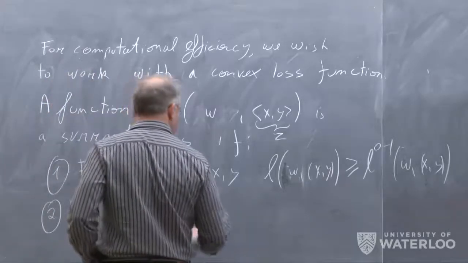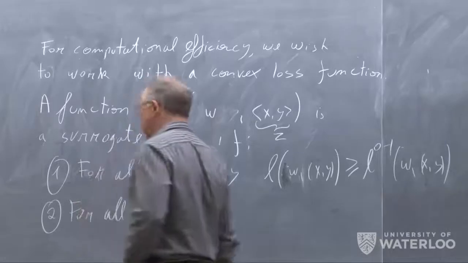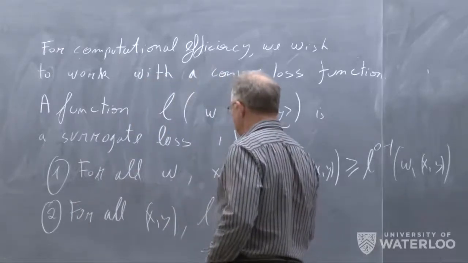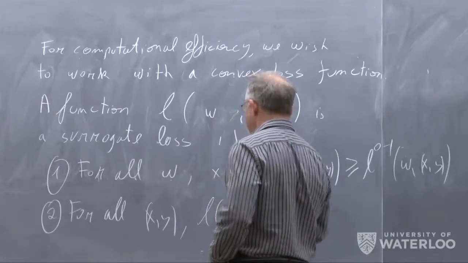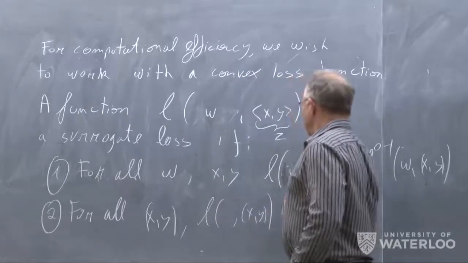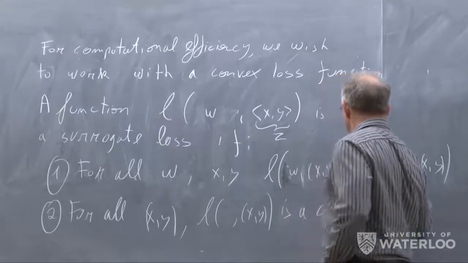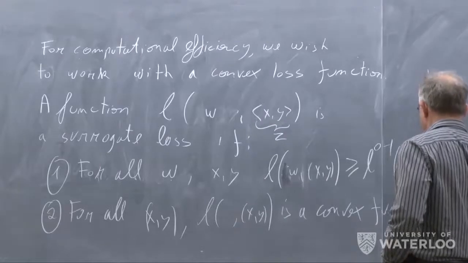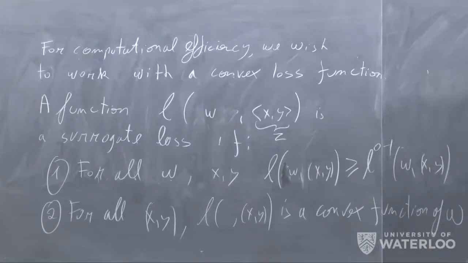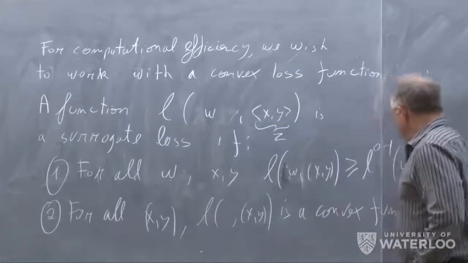And the second requirement is that for all (x, y), this function L, as a function of w, if I fix the parameters (x, y), is a convex function of w. So last time I put here a dot, and it was confusing to some people. So it's a function.